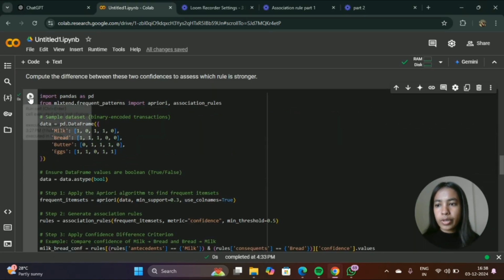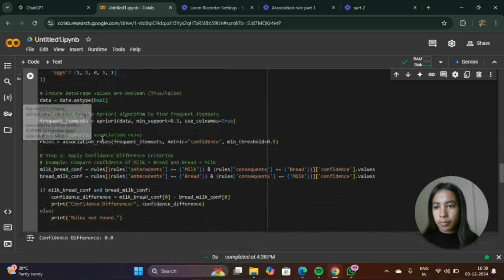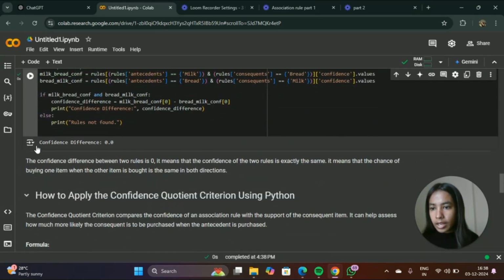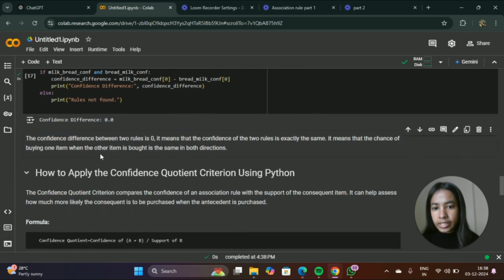Now we are going to execute the code. The output is confidence difference equals 0, which means the confidence of the two rules is exactly the same. It means the chance of buying one item when the other is bought is the same in both directions.